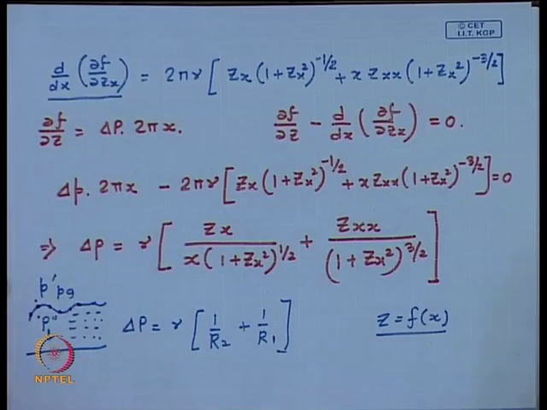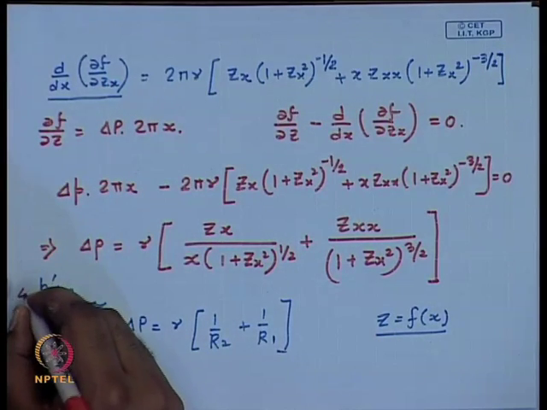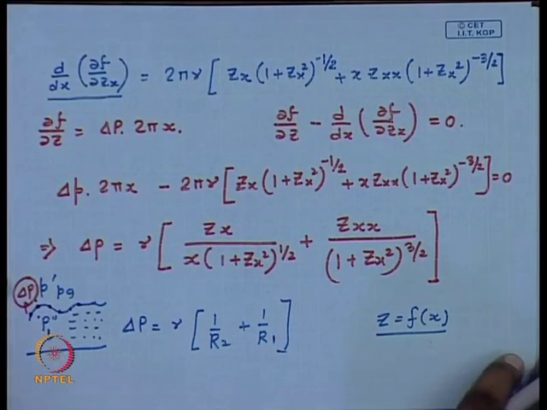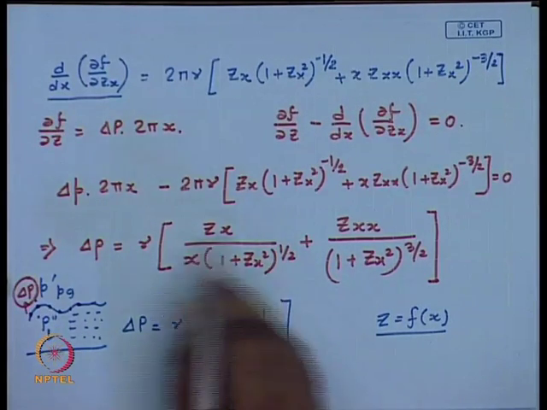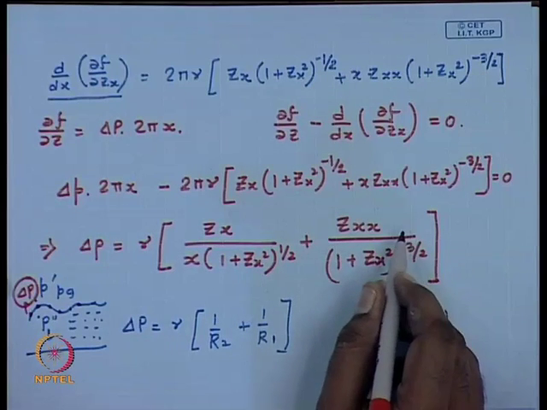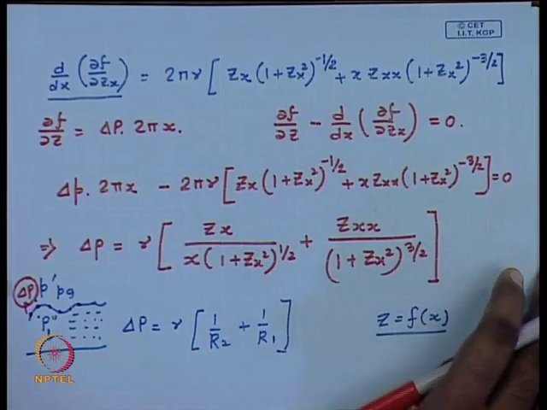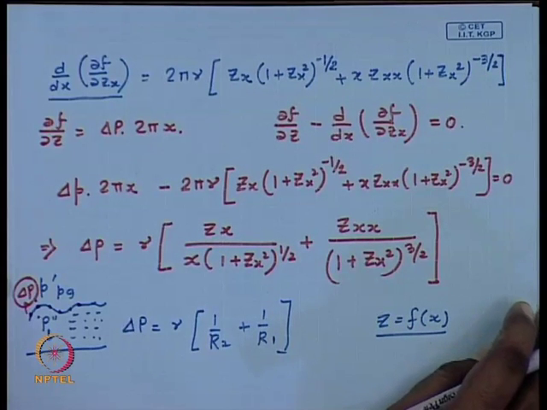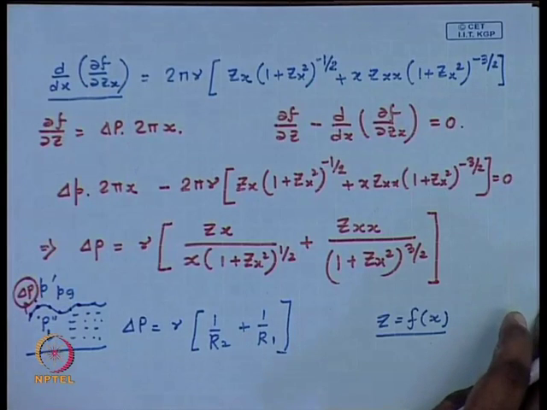So, at every point you now know the delta P. Based on that you can solve this nonlinear ordinary differential equation to get Z as f of x at every point. In that process you can find out the actual shape of the interface.